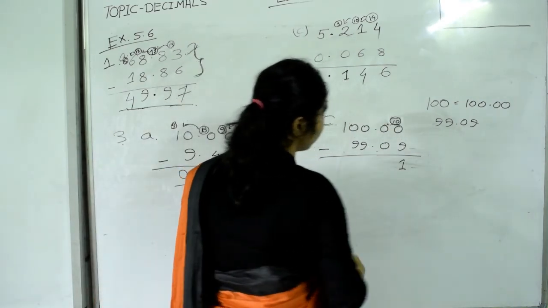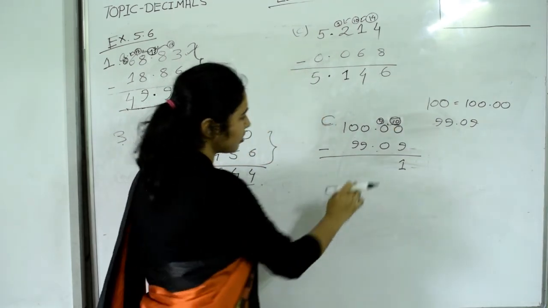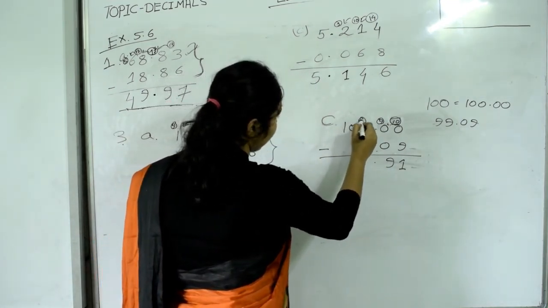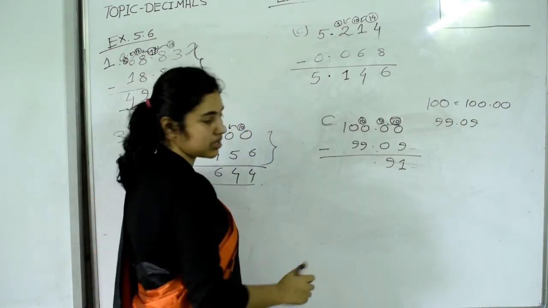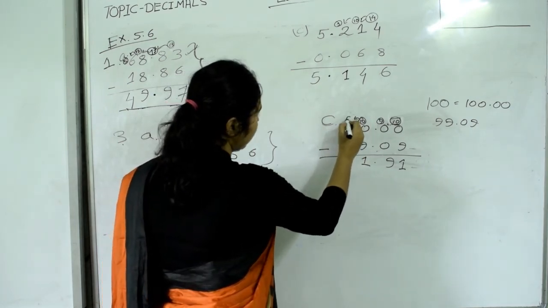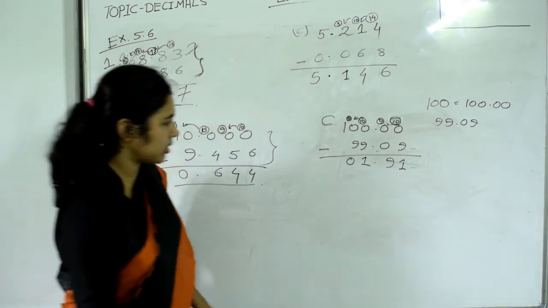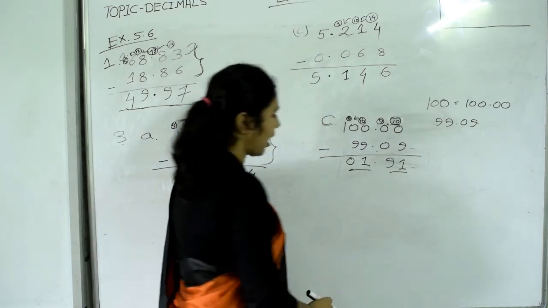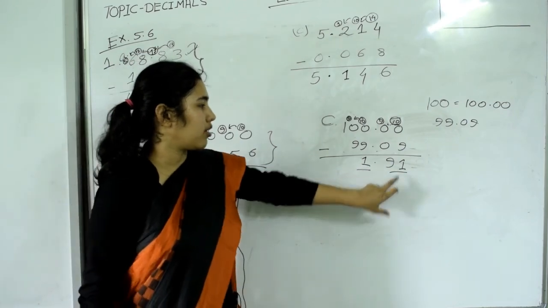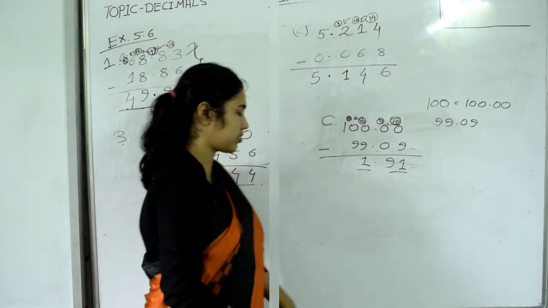Again assume 0 as 10 and subtract this 1, so it will give us 9, right? Now 0 minus 9, 9. Now 9 minus, again assume here 10, so 9 minus 10, 1. Again take this 1 and subtract from 10, it will give us 9. And 9 minus 9, 0. So our answer is 1.91. Insert this decimal point just below these 2 decimals.